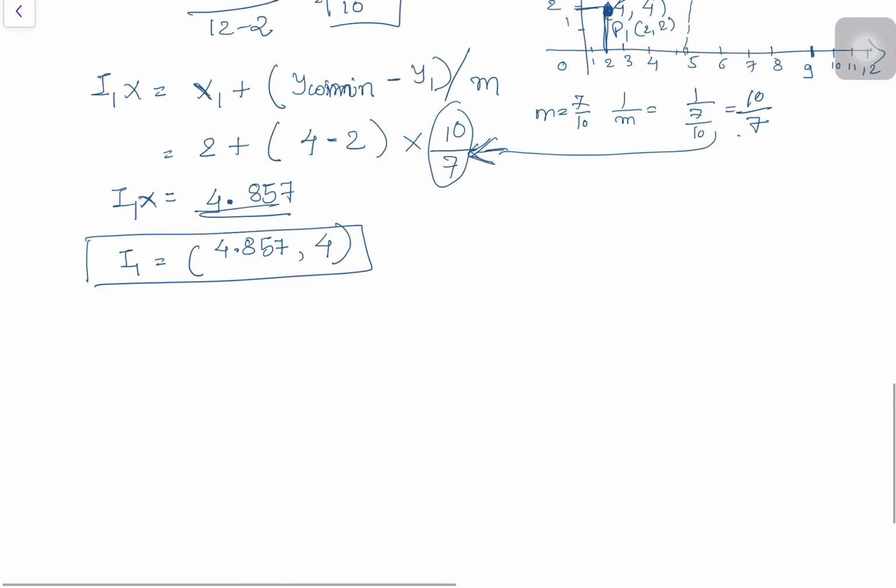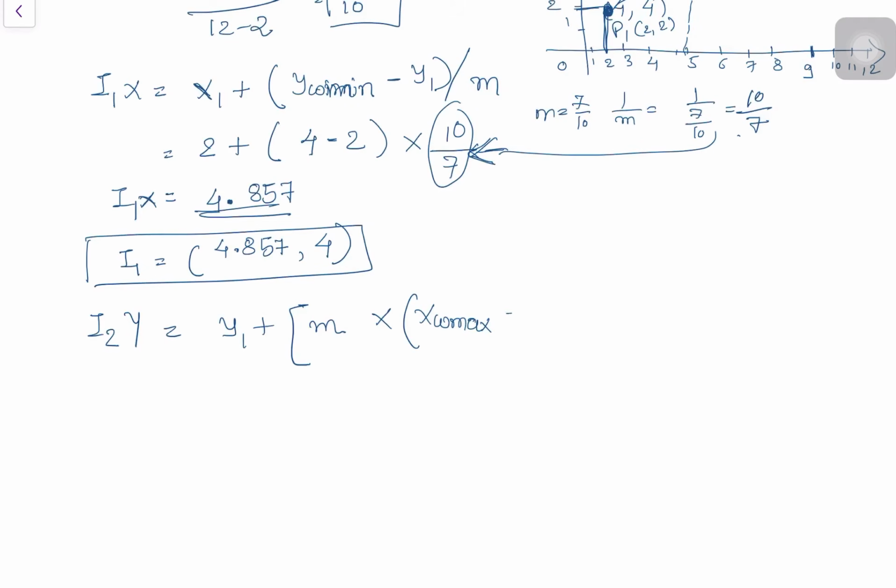And what will be the value of I2y? That is y1 plus m into xw max minus x1. So y1 is equal to 2, plus 7 divided by 10 into 9 minus 2. So this will give 6.9.